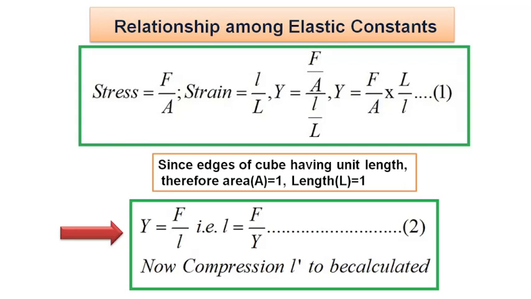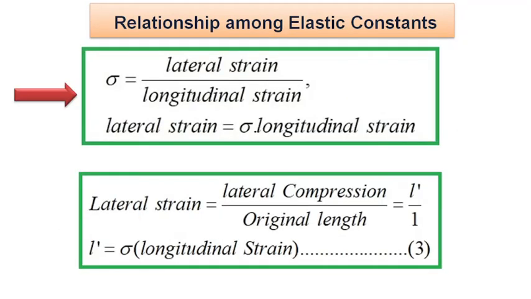Now compression l dash is to be calculated. Since sigma is the Poisson's ratio, which is the ratio of lateral strain to longitudinal strain, lateral strain is equal to sigma into longitudinal strain. Lateral strain is equal to lateral compression divided by original length, which is equal to small l dash divided by 1.